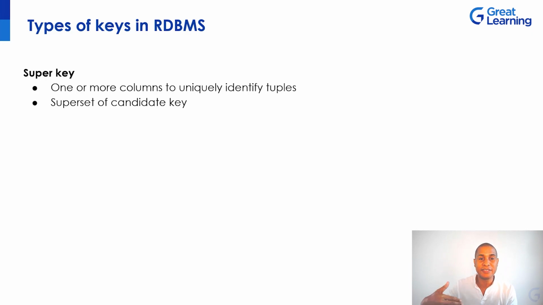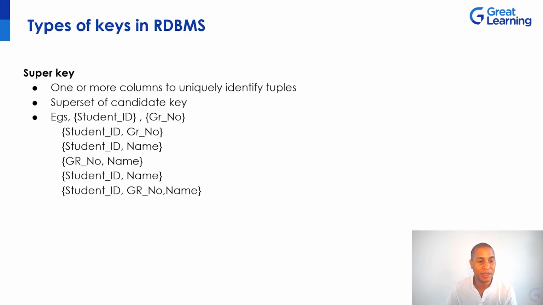So it's a superset of a candidate key. So you can look at student ID and the GR number. If we put those 2 together, they become unique, the student number and GR number, or the student number and the name, or the GR and the name.